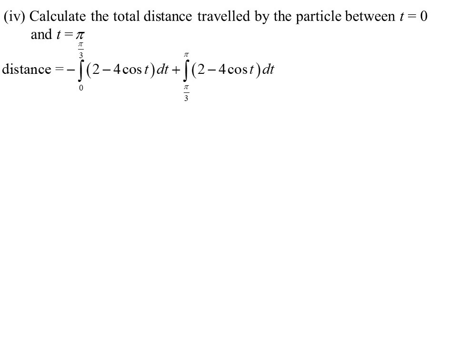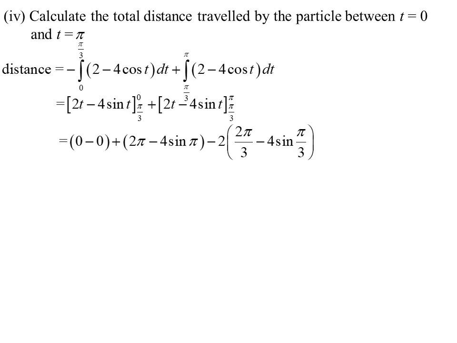Okay, so I've got to break it up. 0 to pi on 3, and then pi on 3 to pi for the 2 bits. And you'll notice I've done the technique of, well, I'll just flip the integrals and I made it a positive here. That way the lower limit's pi on 3 for both. Just saves a little bit of substitution.